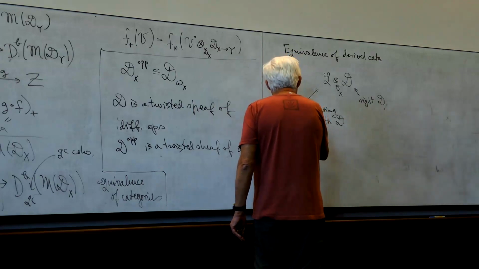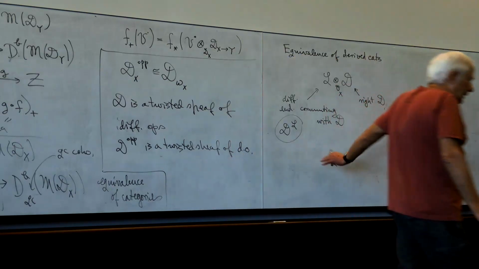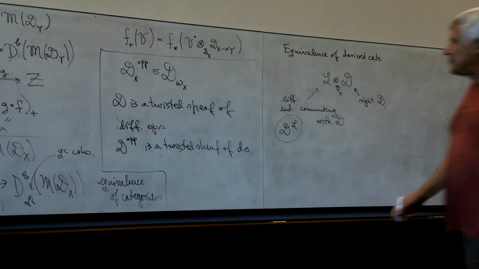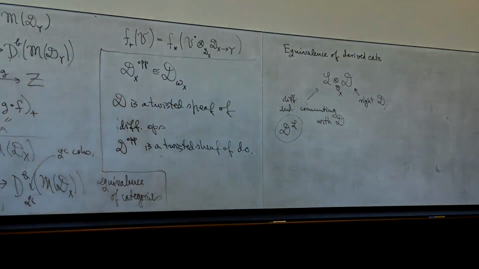This is D twisted by L. And then again, for D-module pushforward, it is just multiplying with this module. Basically, if you study direct images, the notation is simpler if you deal with right modules.